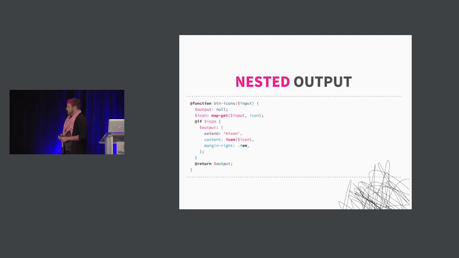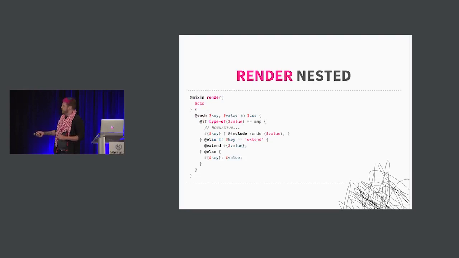All right. We actually want to deal with nested output for icons because our output map from icons has to have an extend of our icon placeholder. It has to have content, margin, and that all has to be nested inside of a parent selector and before. Something like this.